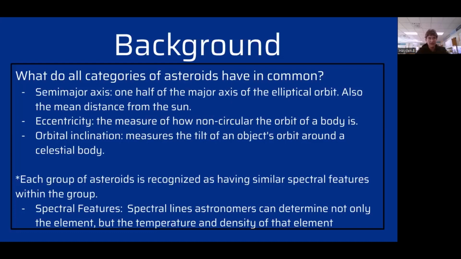If it's really eccentric, it's almost a perfect circle. They have orbital inclination, which measures the tilt of an object's orbit around the celestial body. And also they have spectral features, which astronomers use spectral lines to determine not only the element, but its temperature and density of that element on an asteroid.